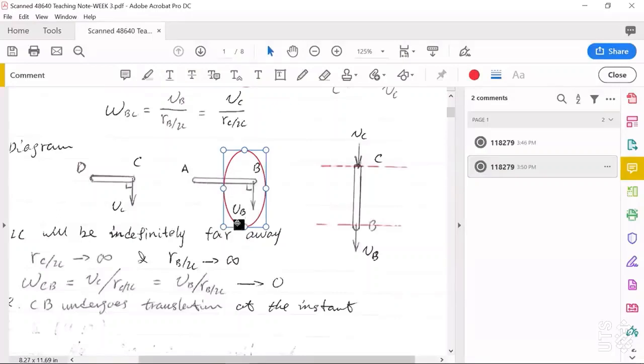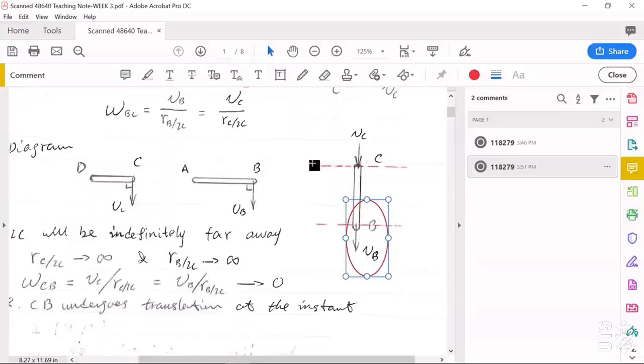So this means VB must be vertical. By observation, because VC is downward, we know VB should be downward. And we can copy everything from here to here. Now we got VC, we got VB. And you can see both VC and VB are vertical.